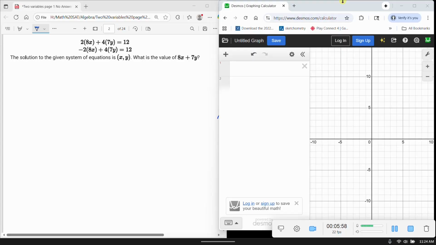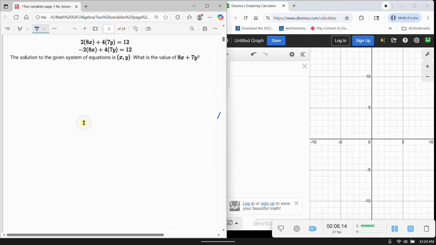Now to do this by hand, if you can see, there's 4x there, and there's 7y there. So we want to know those two. There's a cool way to do this.